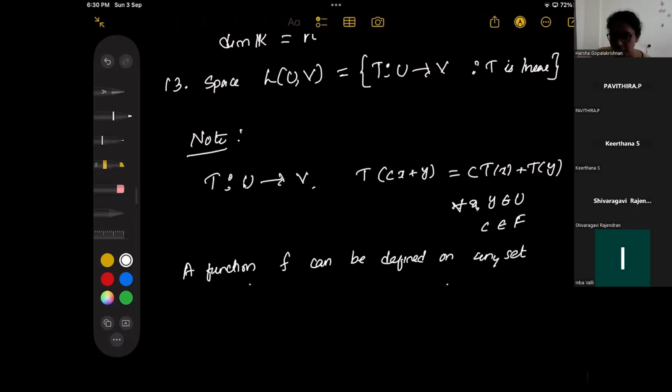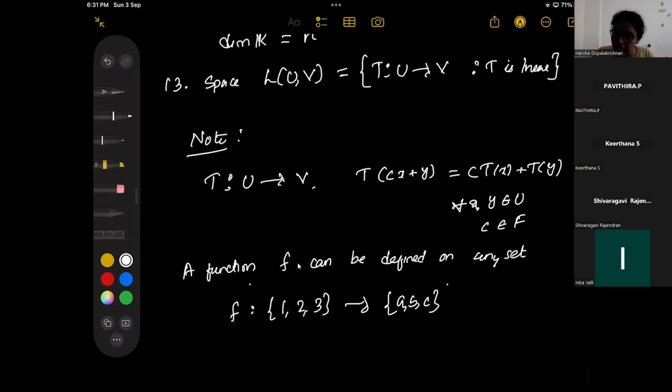Linear transformation is defined on a vector space first of all, and it is going to a vector space. But for example, a function can be defined from a set {1, 2, 3} to some set {A, B, C}. It is not a vector space also. Okay. So first difference is that a function is a very generalized form of linear transformation.